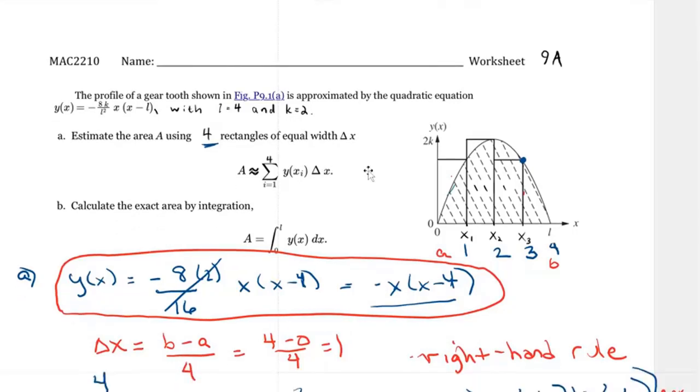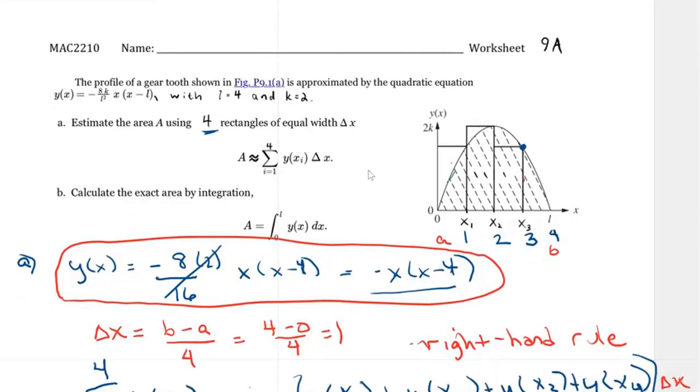Let's answer part B. And I just want to show you how these are similar. What we're doing is we're taking this delta x, which was a width of 1, and we're saying now there's infinitely many boxes.